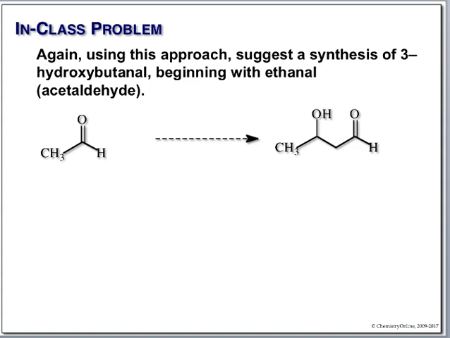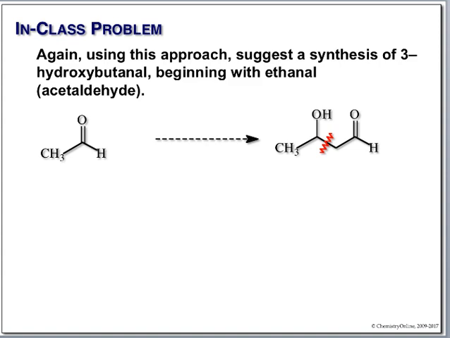Draw your little squiggly line and see what's on the other side. Well, there's our line. The carbons on this side are ethanal. What's on the other side? This is a CH, an OH, and a CH3. It's a secondary alcohol. Huh. How do we do that?